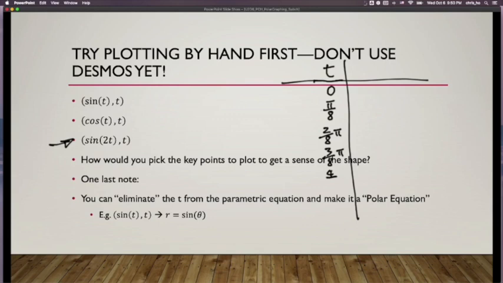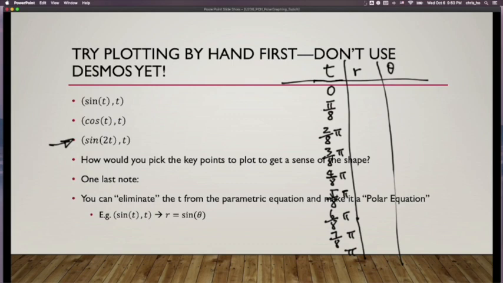And then 4/8 times pi. 5/8 times pi. 6/8 times pi. 7/8 times pi, and finally pi. So this is r, and this is theta. Remember r is equal to sine of 2t now.